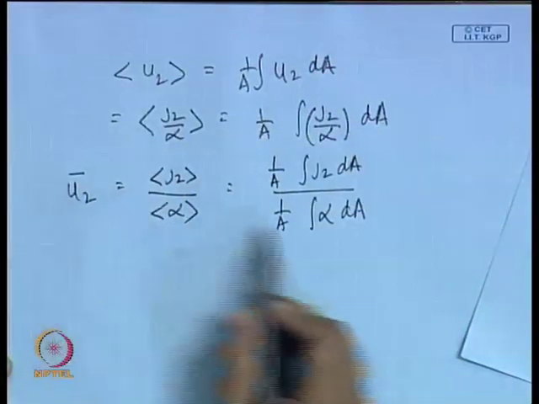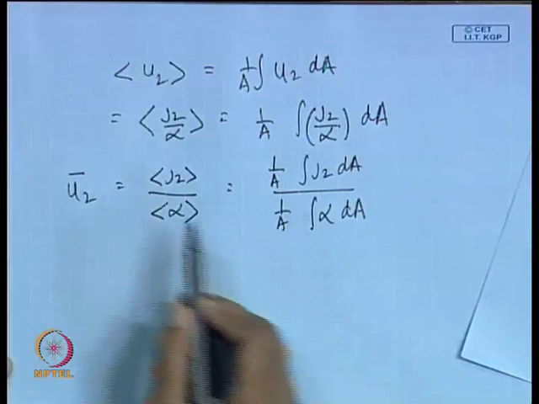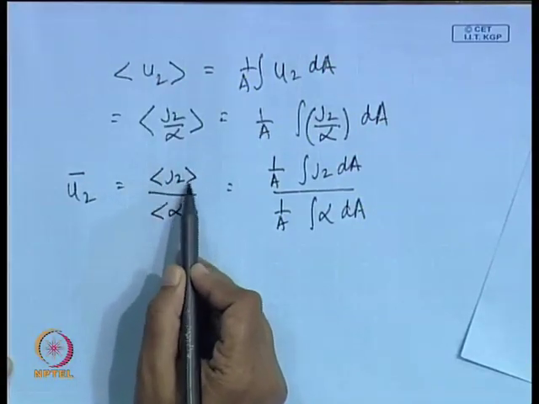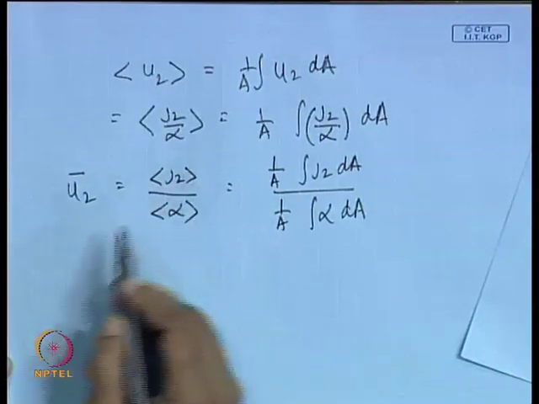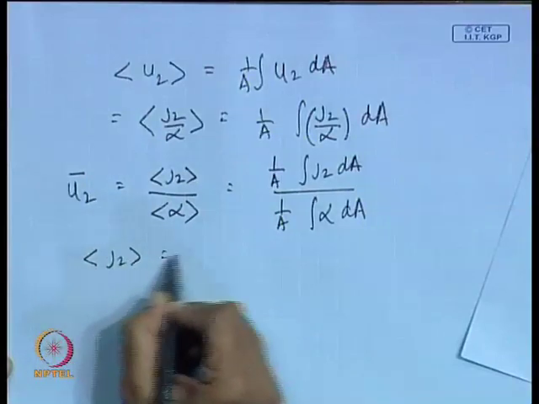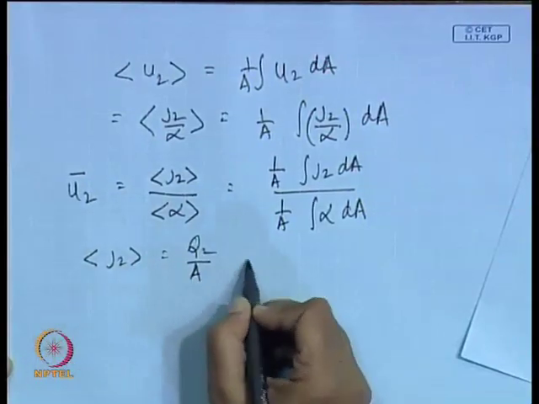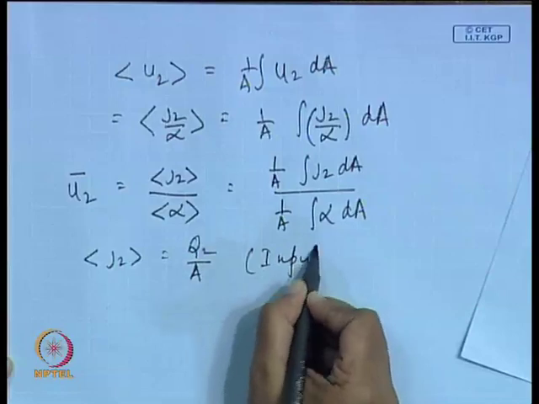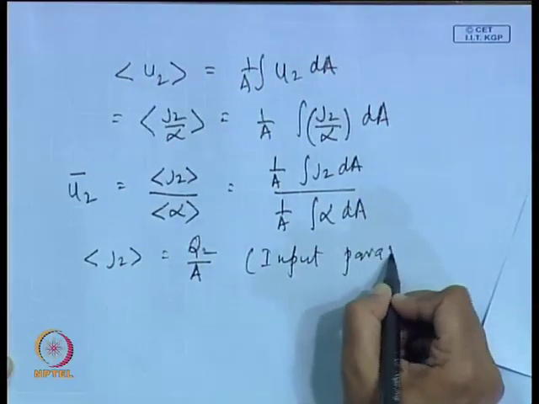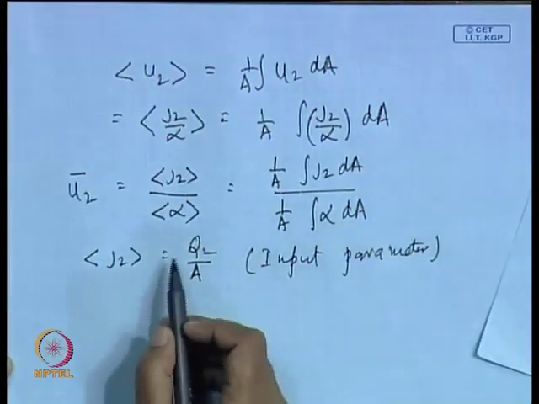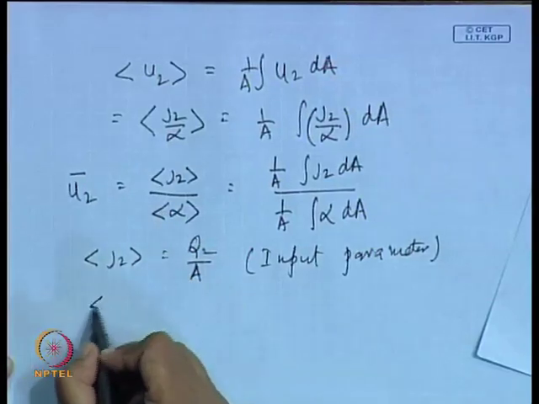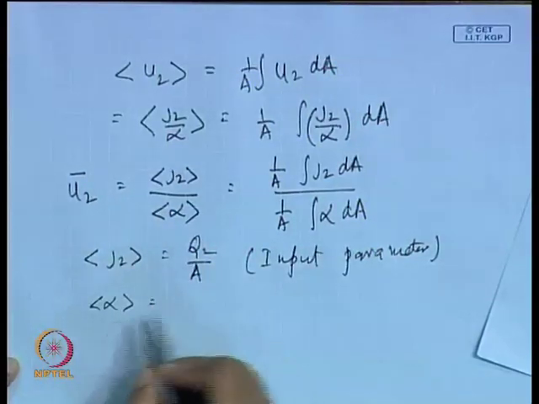In this particular case, it is much easier. You find the cross sectional average J2. Finding out cross sectional average J2 is very easy. This is nothing but Q2 by A. So, therefore, this is an input parameter or a measurable quantity. Similarly, alpha, it is just the average alpha.